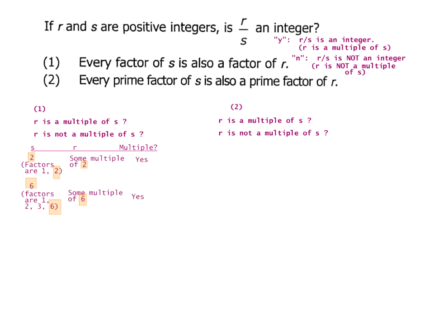If not, when you throw specifics at it, you'll realize S is a factor of itself. So, according to the statement, S is a factor of R. Always a multiple.